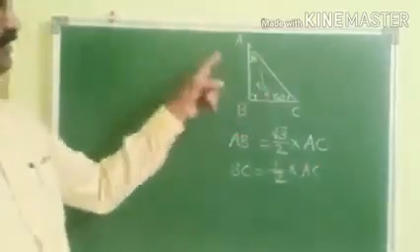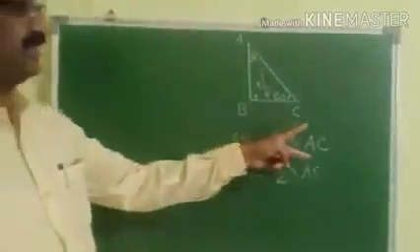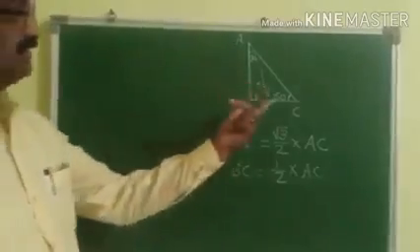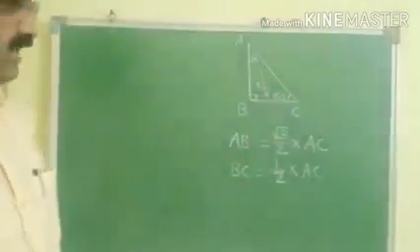So the side opposite to 60 degrees is root 3 by 2 times the hypotenuse, and the side opposite to 30 degrees is half of the hypotenuse. We have seen this theorem last year in 9th standard.